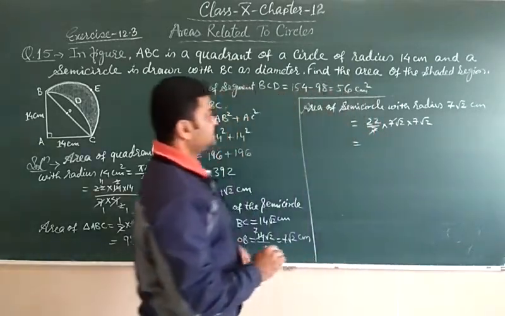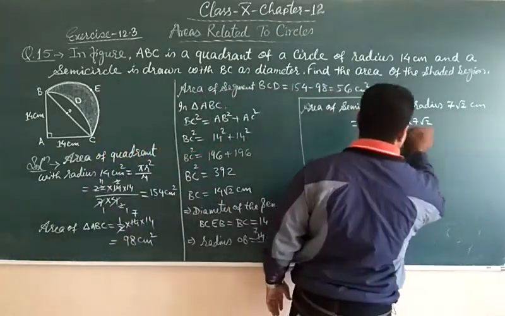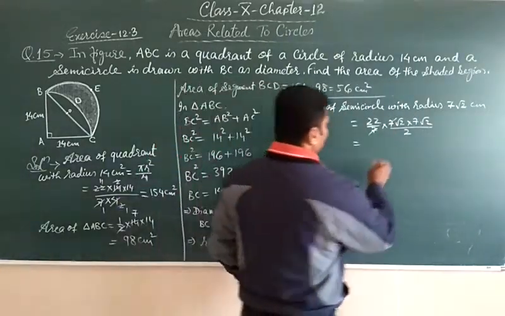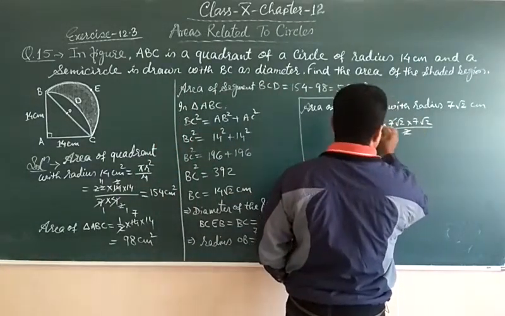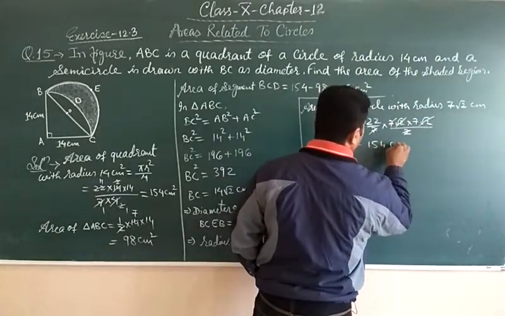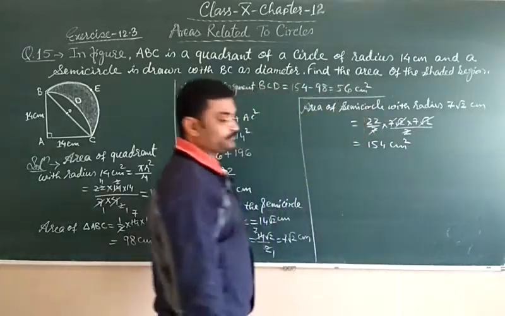It is a semicircle, so upon 2 also, pi r square upon 2. So 2 and these 2 root 2 cancel, it is 154 centimeter square.